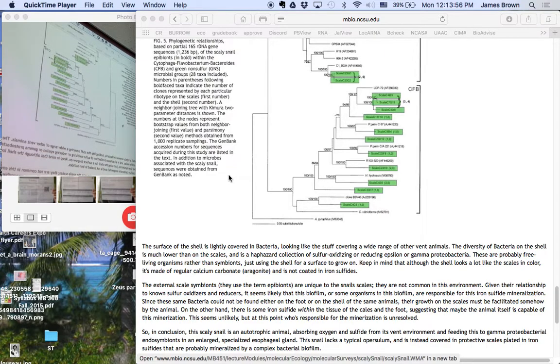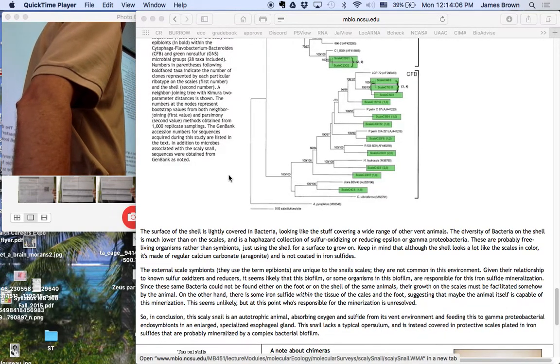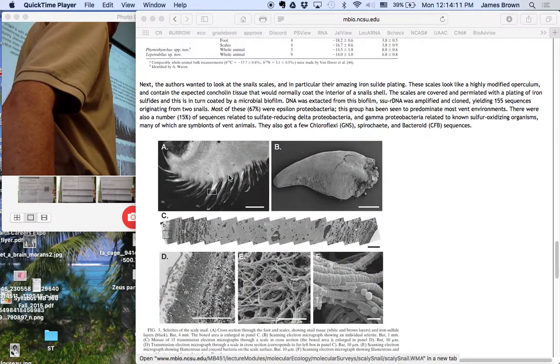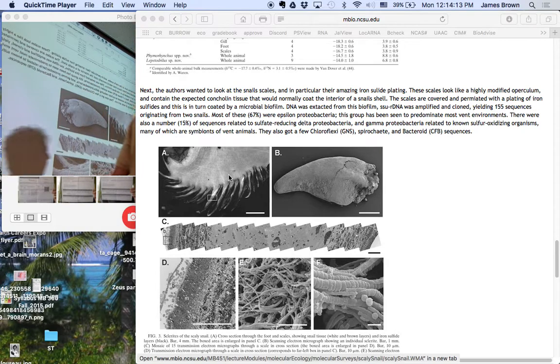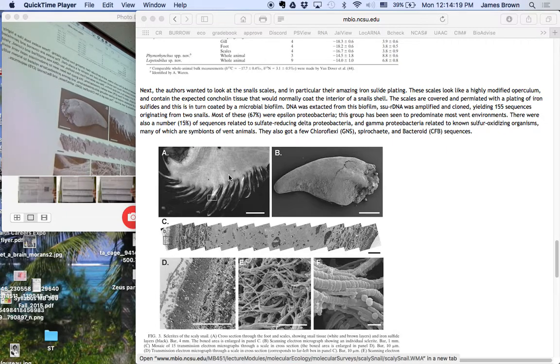Yeah, so my guess is there are folks doing those kind of experiments, but I haven't seen any results from that. An interesting thing about this is that the biofilm is here, but the iron sulfide is not just on the surface, but it's also within the interior of the scale.